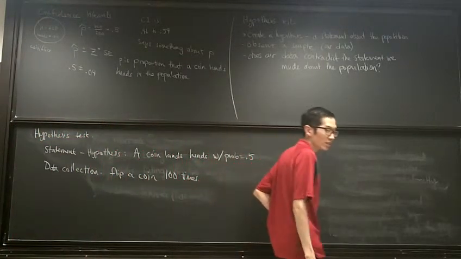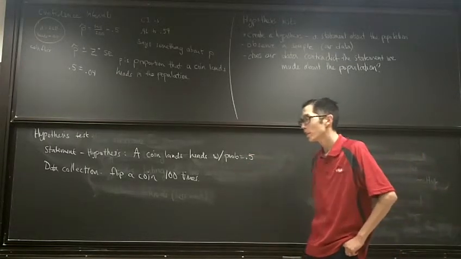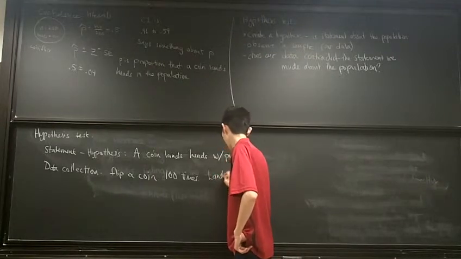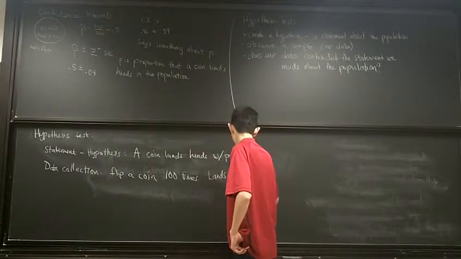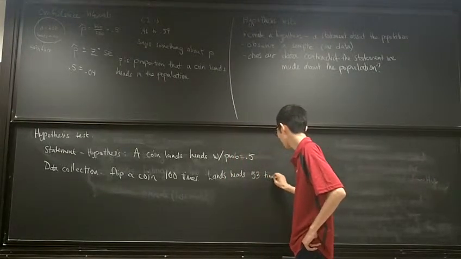It might. Could it land 52 heads? Okay, let's say we go out, we flip a coin 100 times, and let's say it lands heads 53 times. Is that okay?